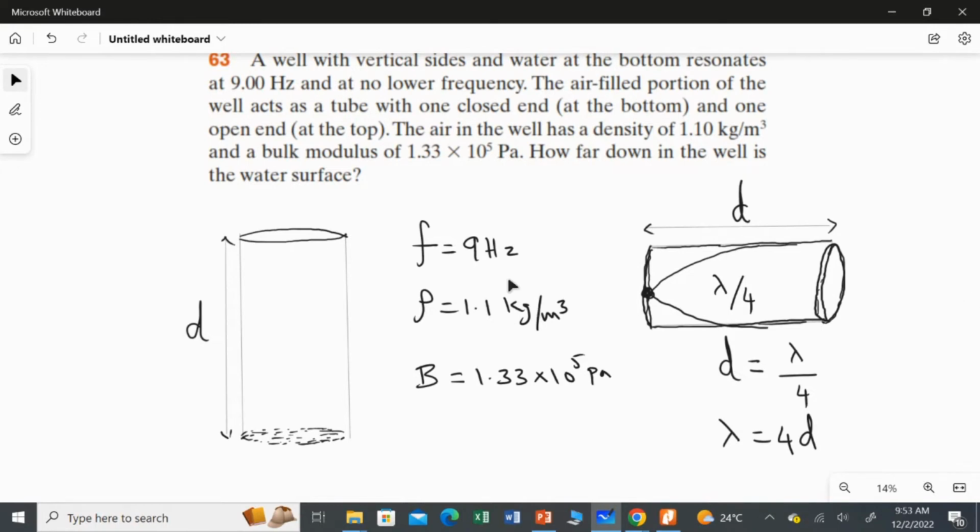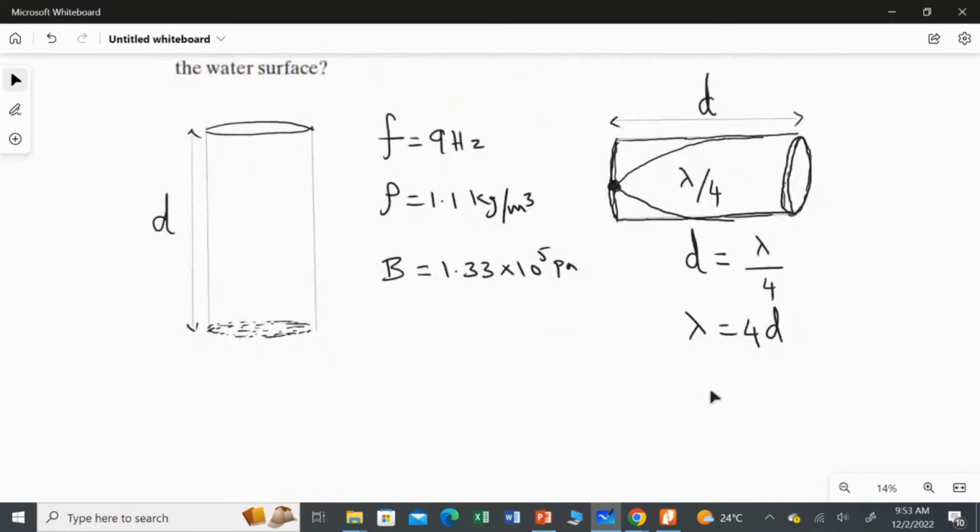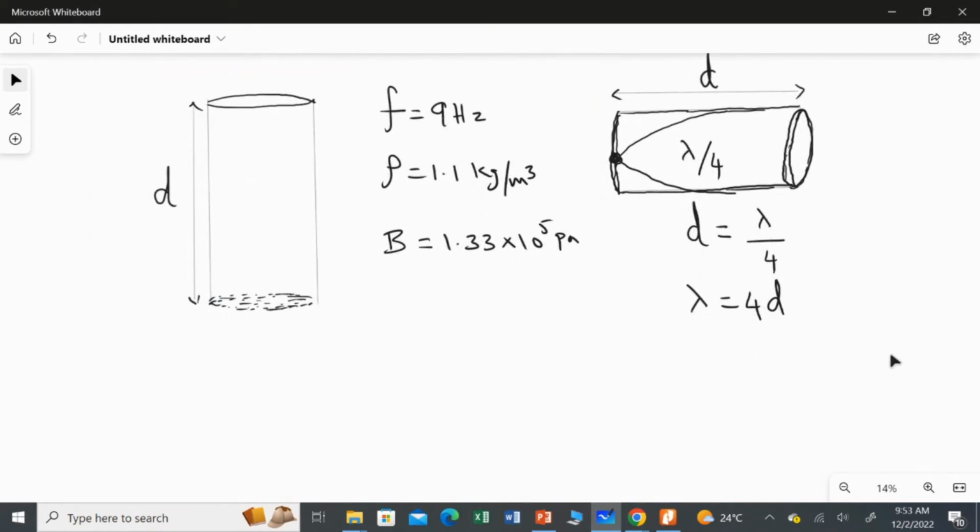Now we are going to find the distance from the top to the water surface. That is our aim. For this, I'm going to use the basic formula, speed is equal to frequency multiplied by lambda. Rearranging this equation, frequency is equal to speed over lambda.